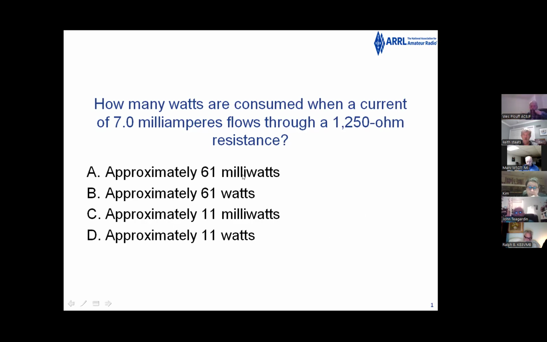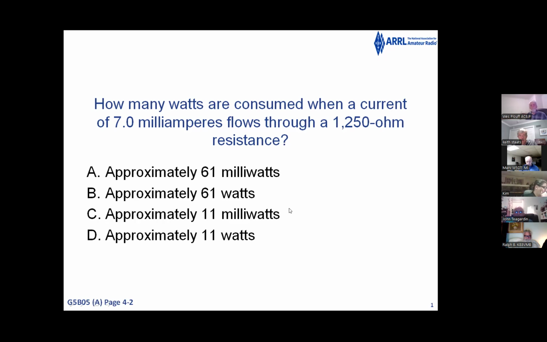That is the answer, yes. If I'm moving decimals correctly. Yeah, you came out right there. It's all about that darn decimal place. It drives engineers nuts. So that is correct, 61 milliwatts.